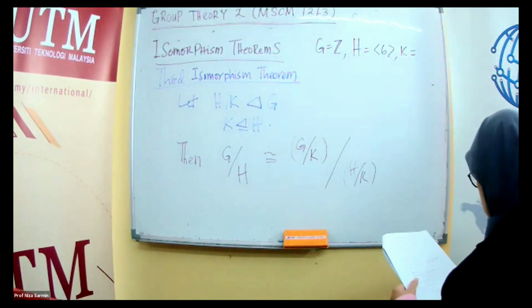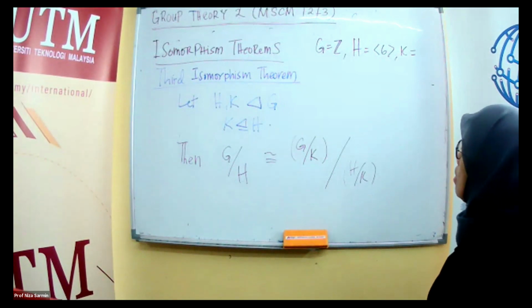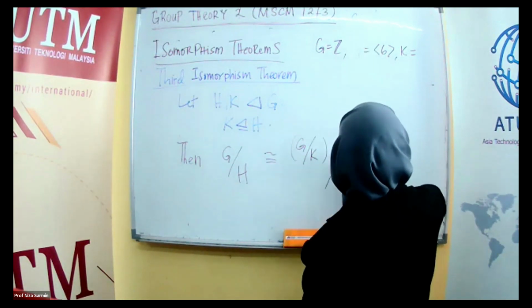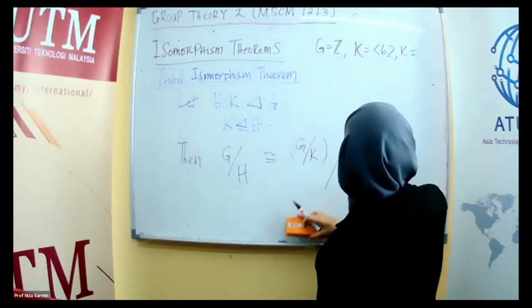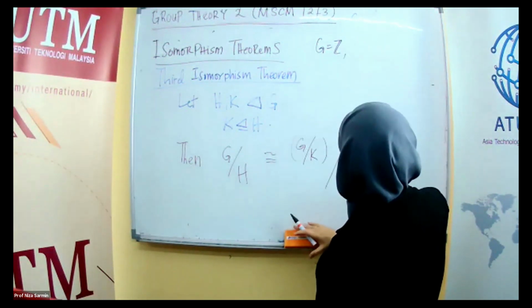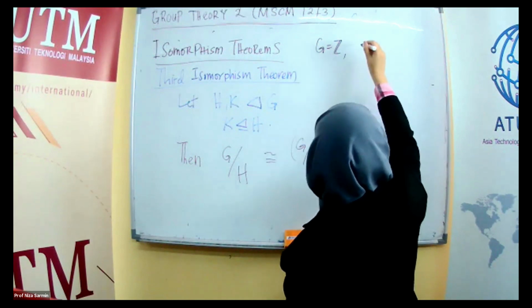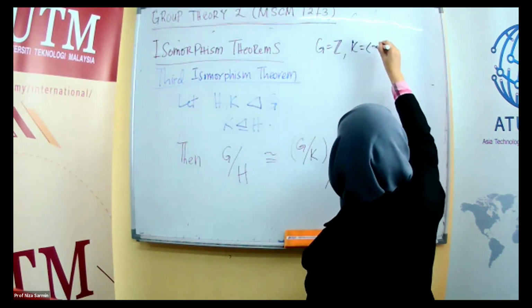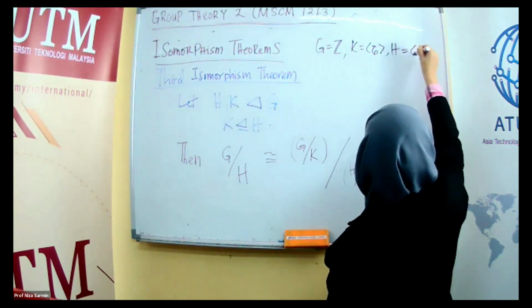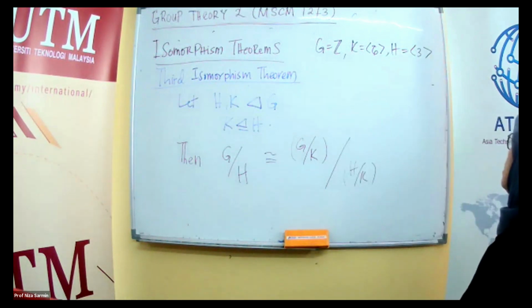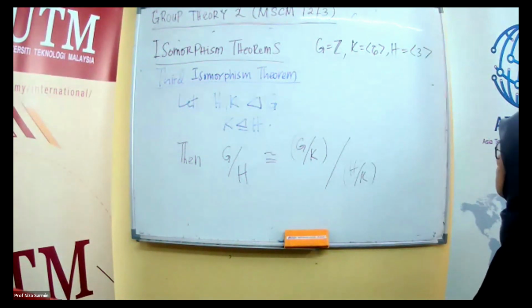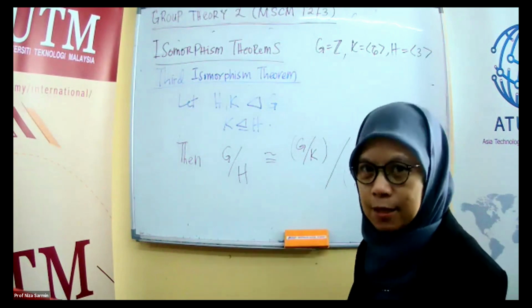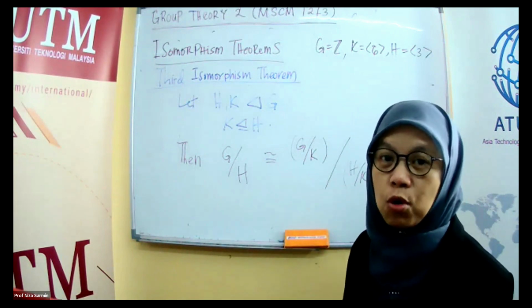K is a subgroup of H. K is smaller, K is 6Z and H is 3Z, right? 6Z is in 3Z because 3Z has more elements.